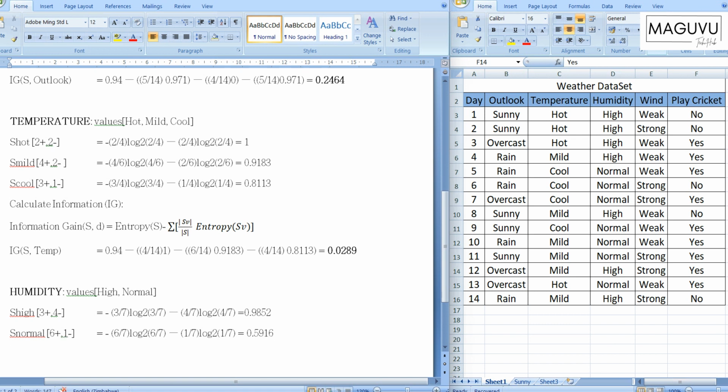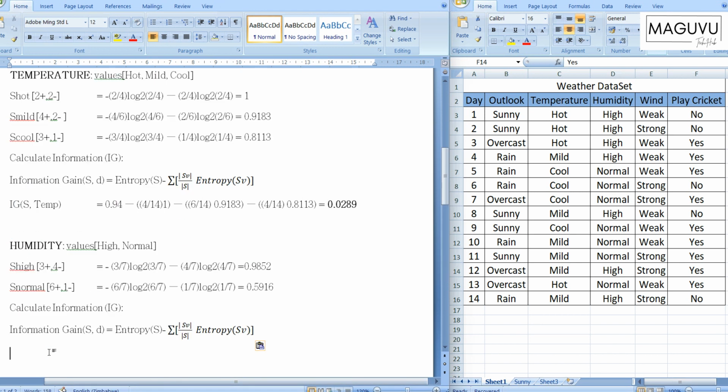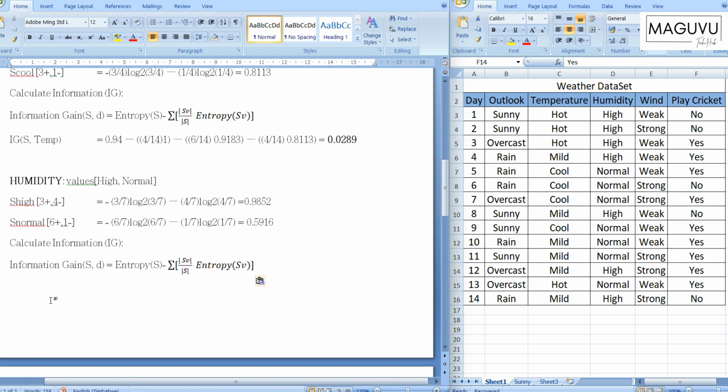Right, now having gone through all the values of humidity, we then want to calculate the information gain of humidity. So we substitute those values, information gain of humidity.